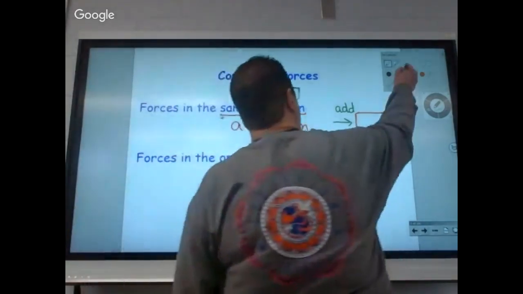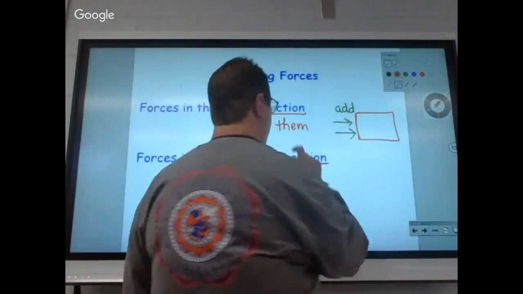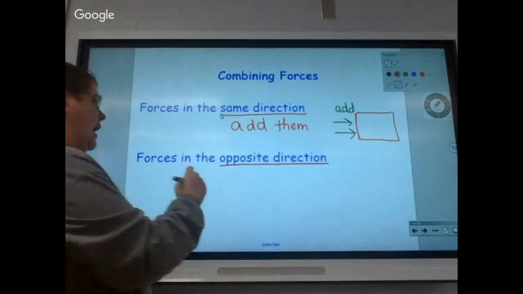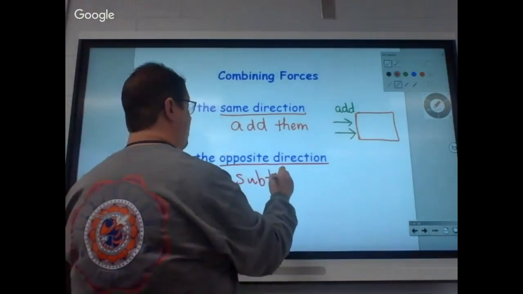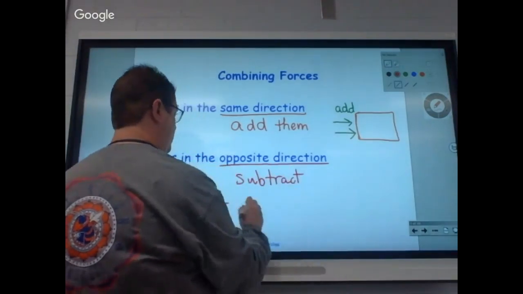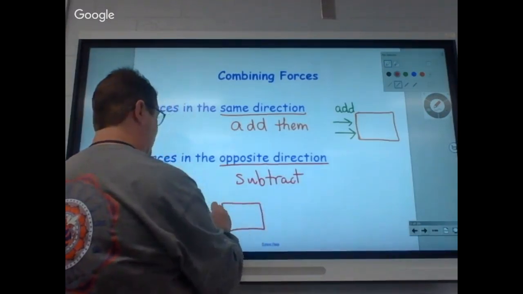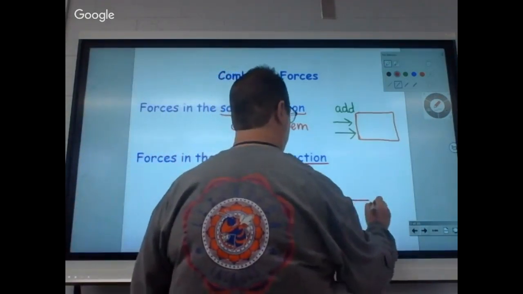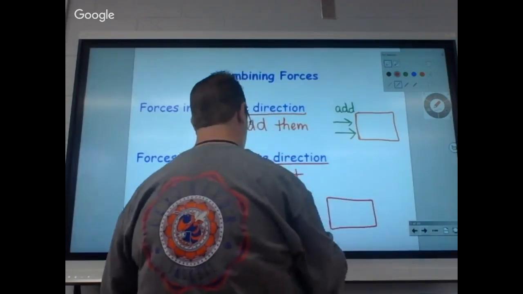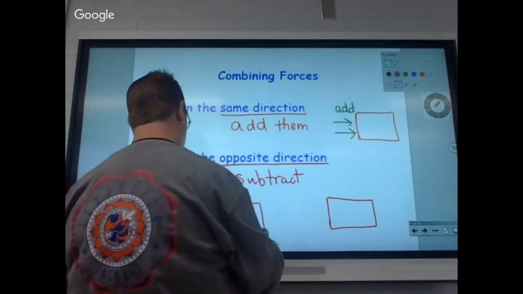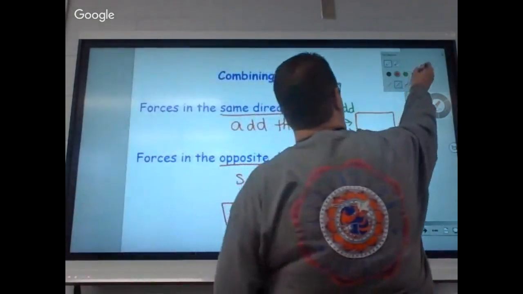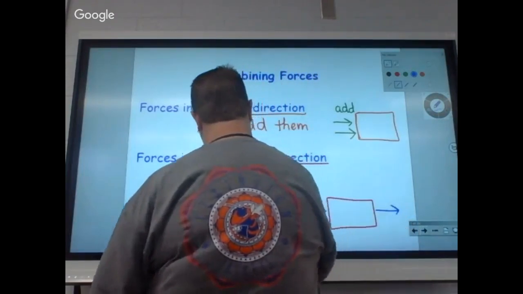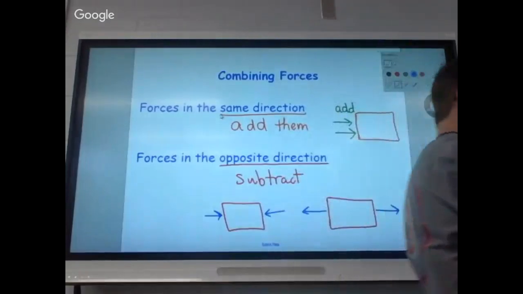All right, so when we go the opposite direction, what do we have to do? We got to subtract. Okay, now these arrows can go two directions. Now, they can point in opposite directions, or they can pull out, okay?